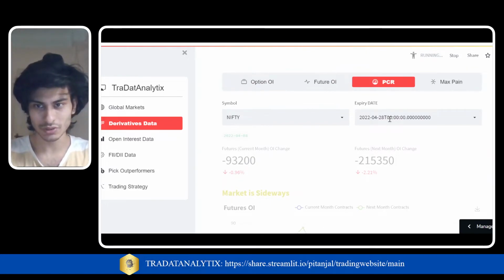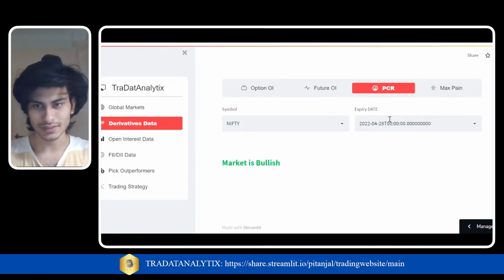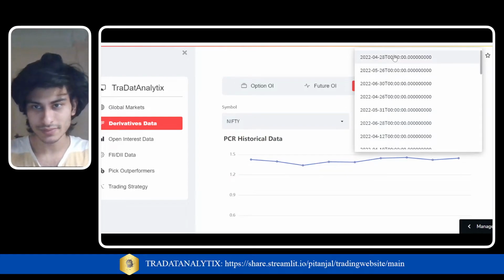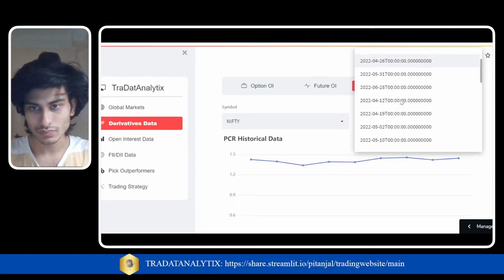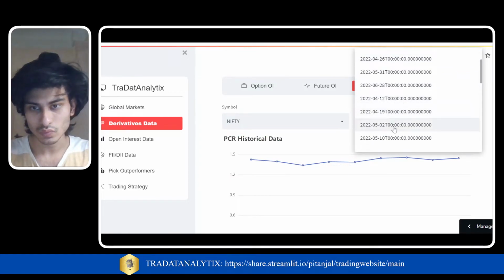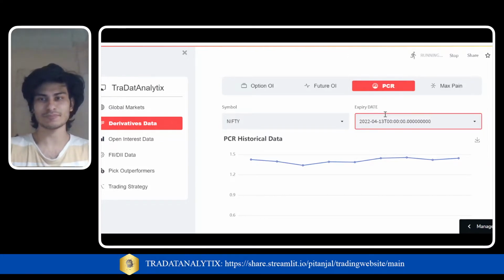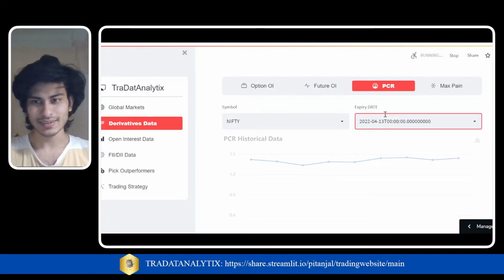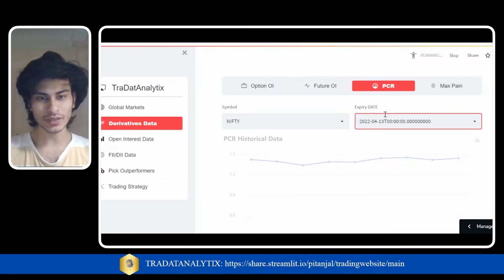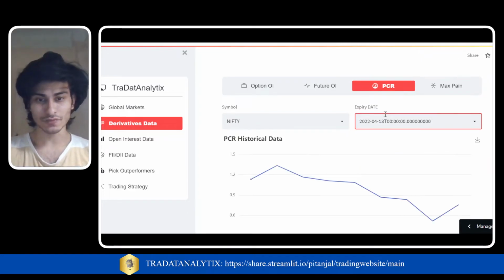We just need to change the expiry here. I'll show you that. The 13th is the expiry we are looking out for. So how can the put call ratio help you in forming a view about the market?